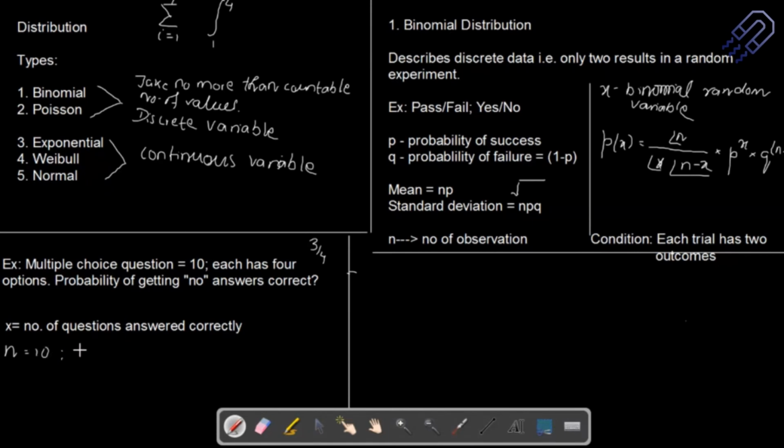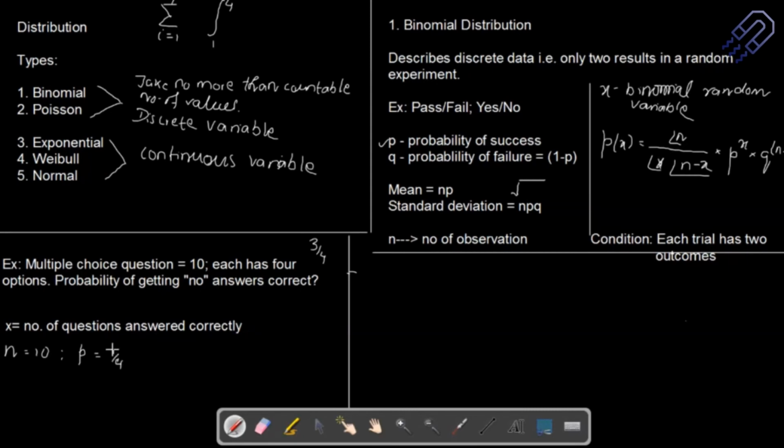Next we need to know what is p and what is q. P by definition is probability of success. Now each question has 4 options, and out of those 4 options only one answer is correct, and that keeps on happening for all the 10 questions. So the probability of success is basically 1 by 4, or you can write it as 10 by 40.